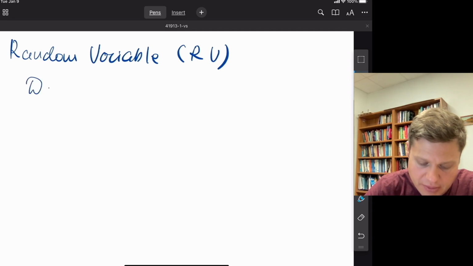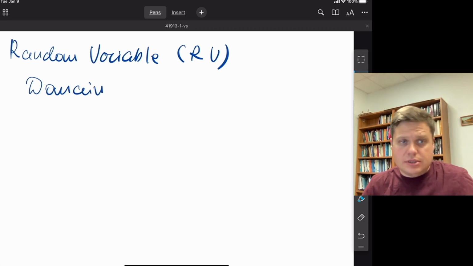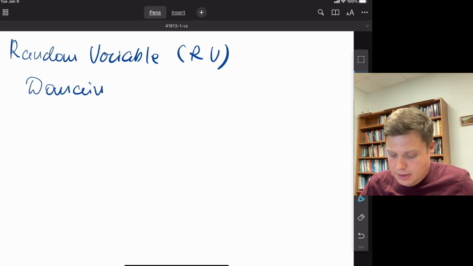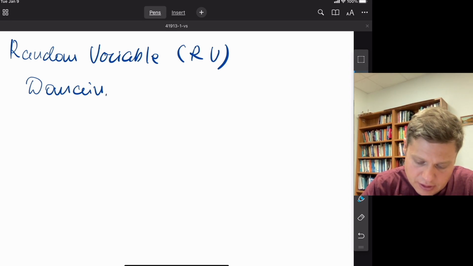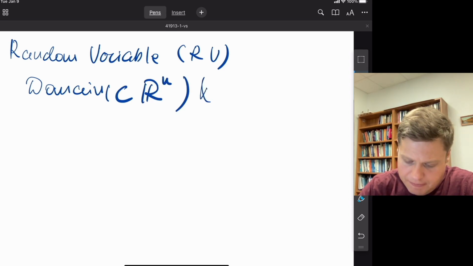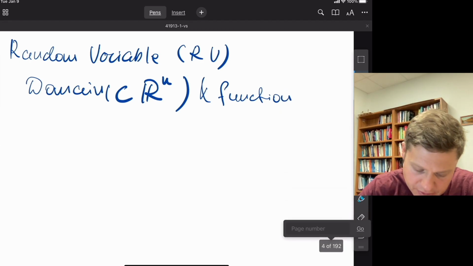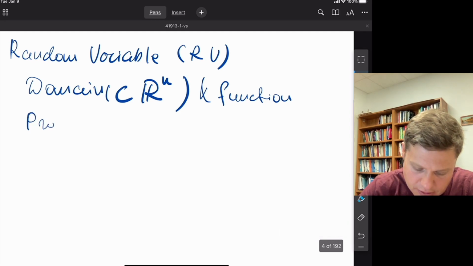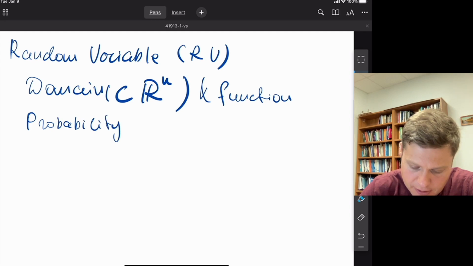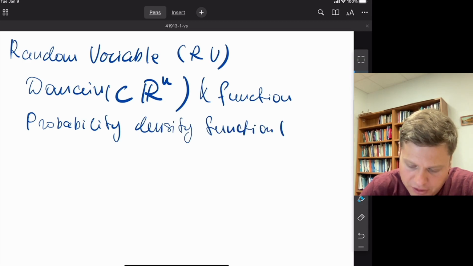A random variable is defined by a domain, which is a set of numbers for which this random variable exists, so it's a subset of R^n, and a function which we call the probability density function, or PDF for short.